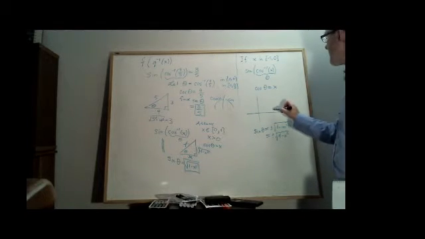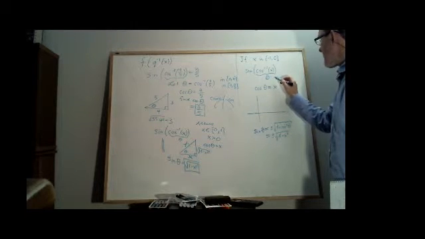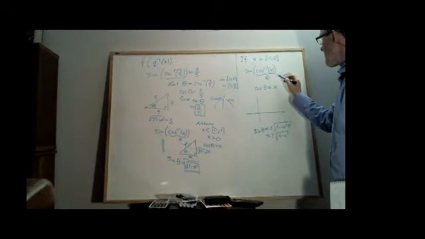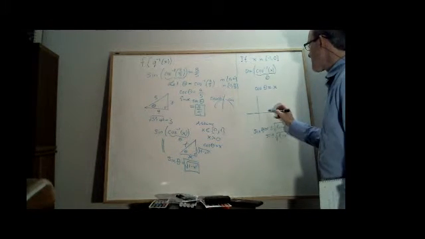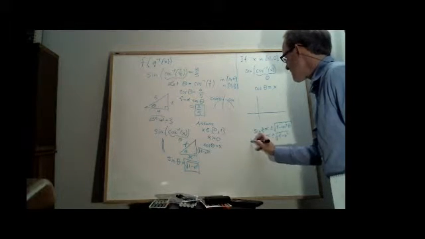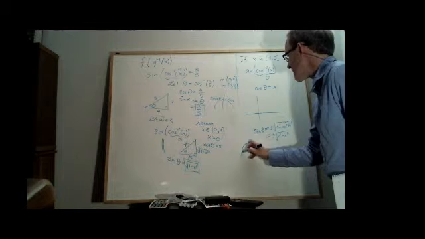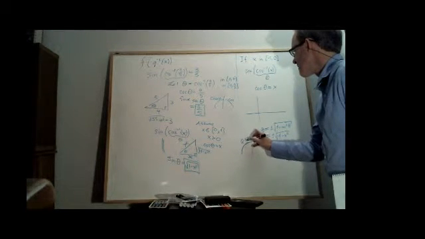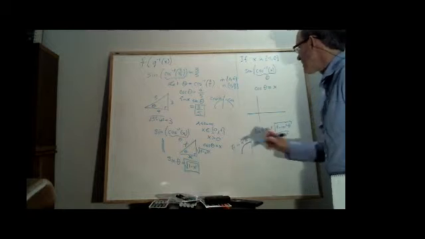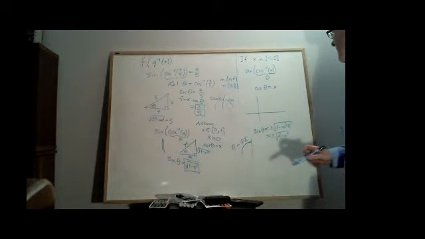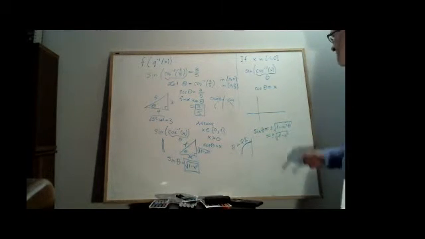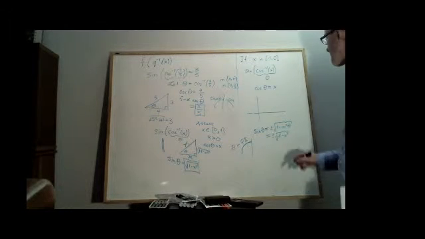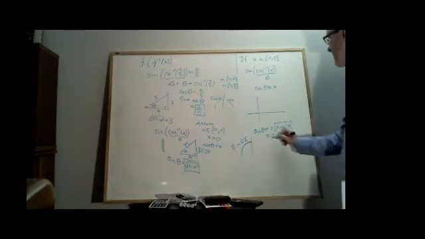Now, if x is negative, then the cosine inverse of x is an angle between pi over 2 and pi. So it's an angle in quadrant 2. What does the sine of that have to be? The sine of the angle is still positive, so I end up having to choose a positive root anyway.